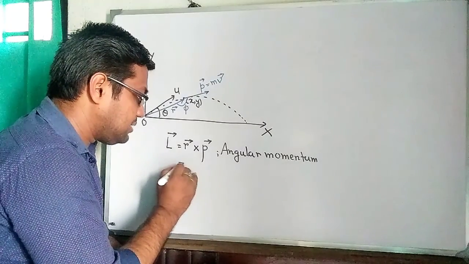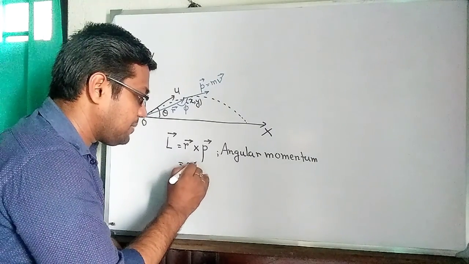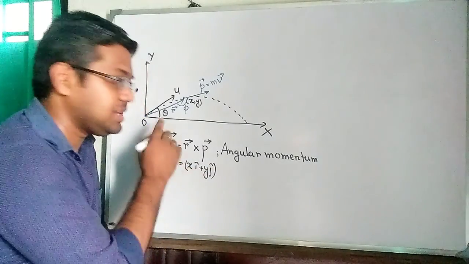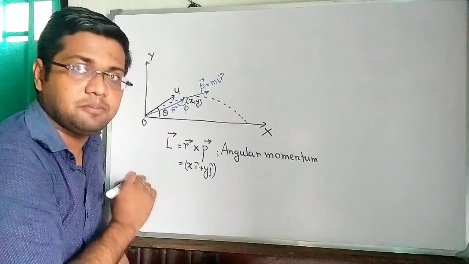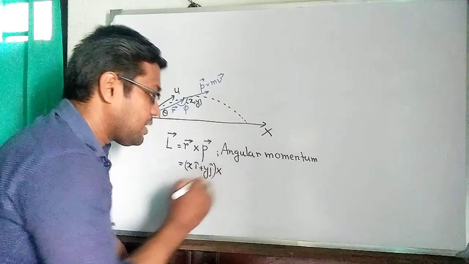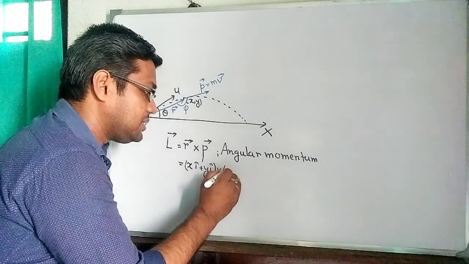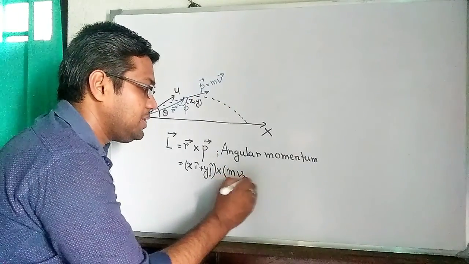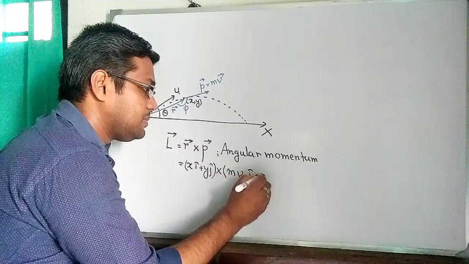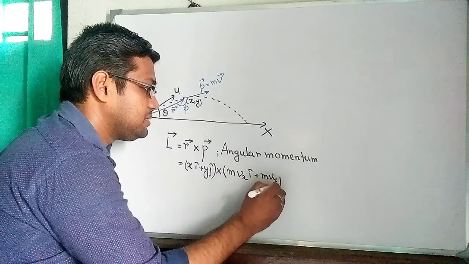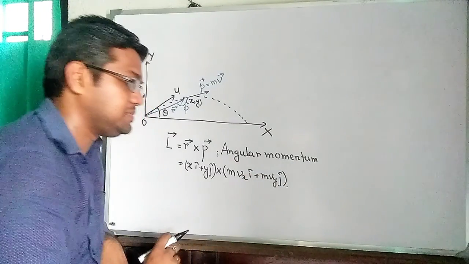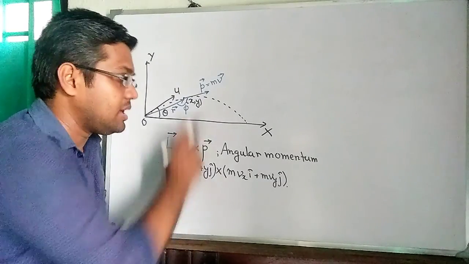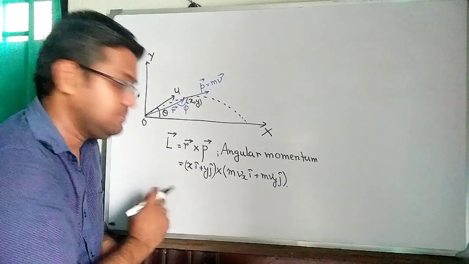We can write the position vector as x i cap plus y j cap, since it is a motion in a two-dimensional plane. And the momentum vector is m vx i cap plus m vy j cap, the momentum at this particular point.